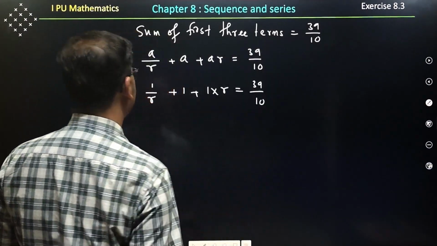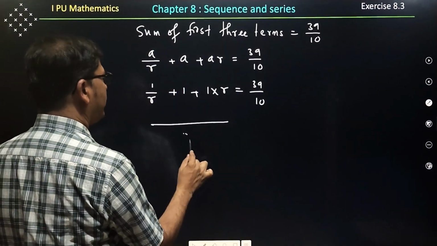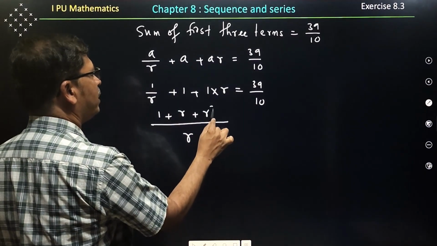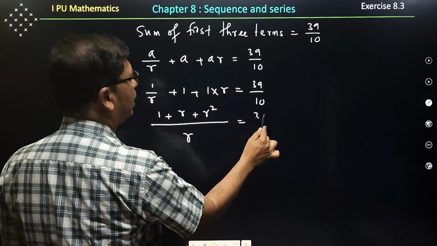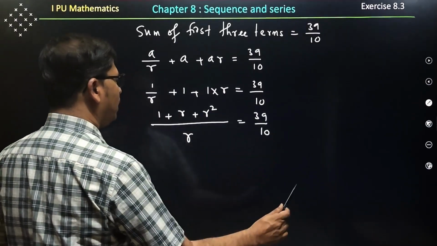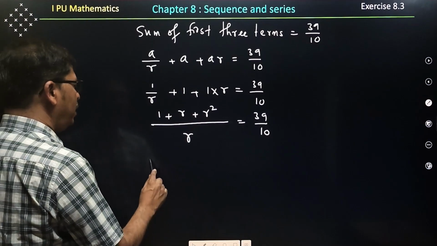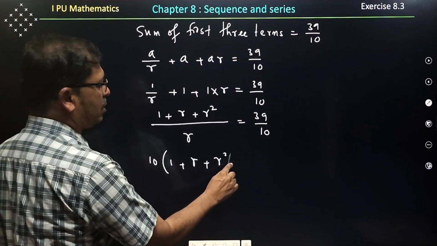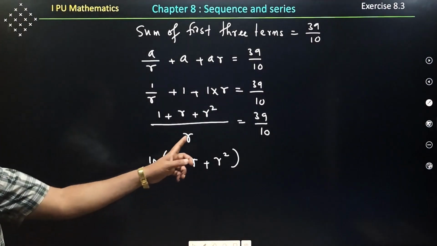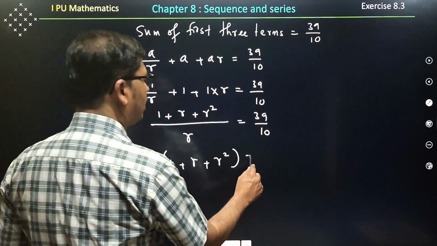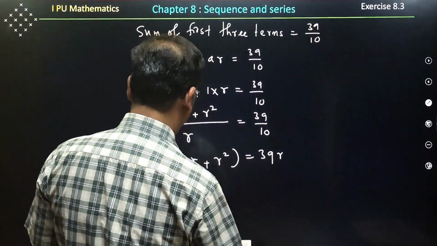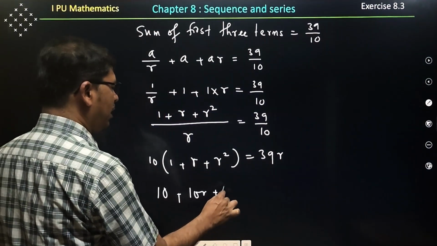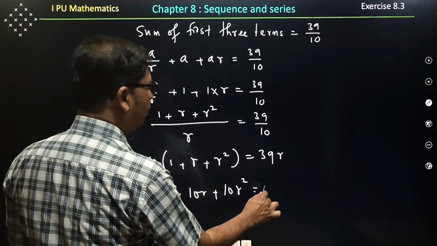Further you simplify this. Take LCM, R is the LCM here. 1 as it is, R gets multiplied here, R into R square here, plus R square equal to 39 divided by 10 here. You just cross multiply. 10 into bracket 1 plus R square. R and 39 get multiplied here. R into 39 leads to 39R. So 10 plus 10R plus 10R square equal to 39R.